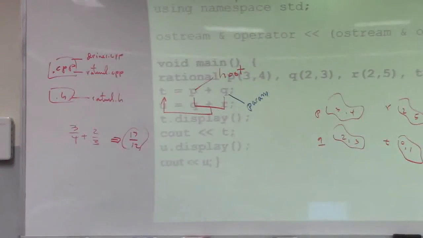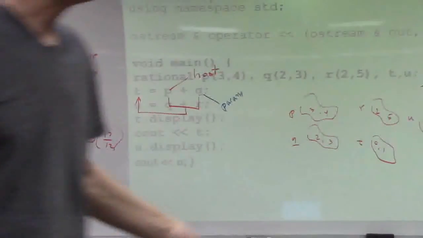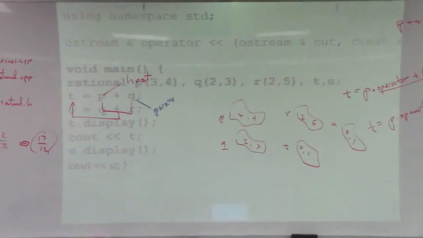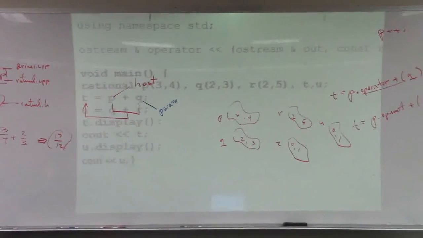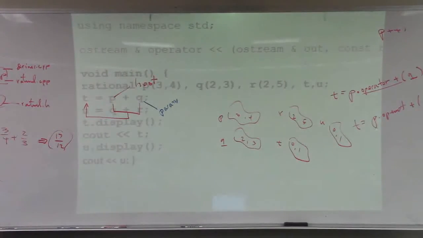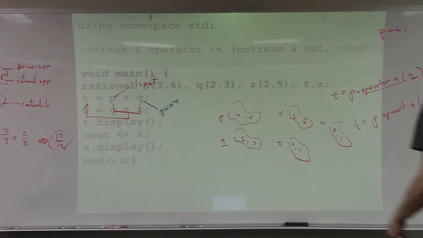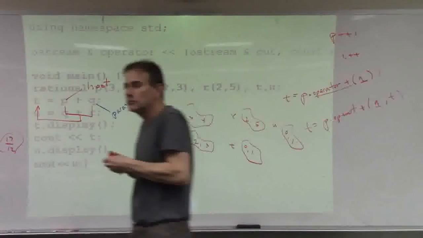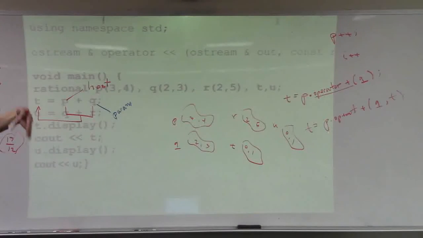Plus plus is not going to compile successfully because P is what type? Rational. And the guys that wrote the C++ compiler never heard of a class called rational. So there's no code, no behavior for plus plus. But if you overload plus plus as an operator in your class, it's okay. Because P plus plus will work syntactically just like I plus plus works when I is an int. So if it works with an int type, it'll work with a rational type as long as you define it.